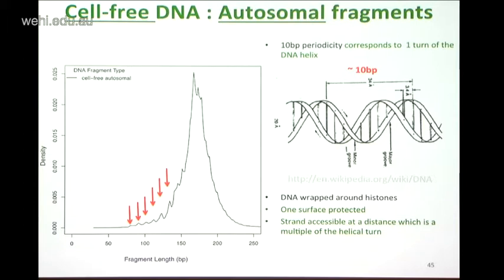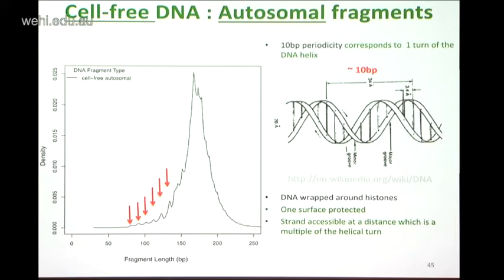When you zoom in on that first peak, you see that you get this periodicity up to a certain point. Now, this periodicity corresponds to 10 base pairs, and it seems to be due to the distance of a helical turn of the DNA.